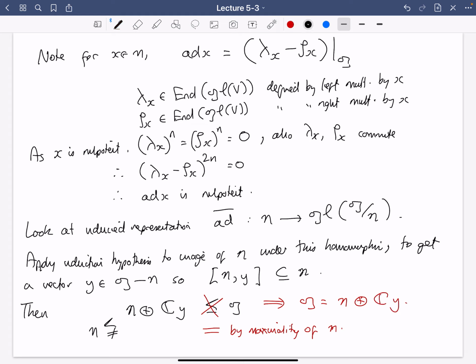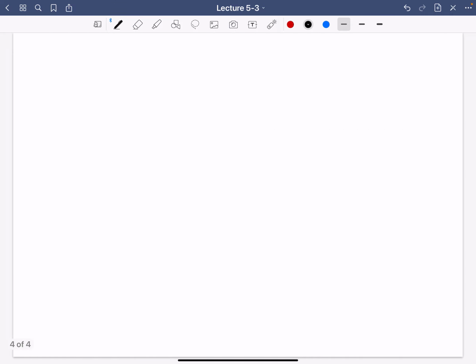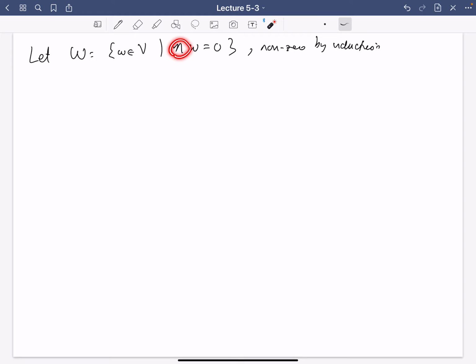Okay, now we're just about there. So now what I want to do is let W be the set of all vectors w in V such that nw is 0. And this is non-zero by induction, this time applied to n acting on V, right?